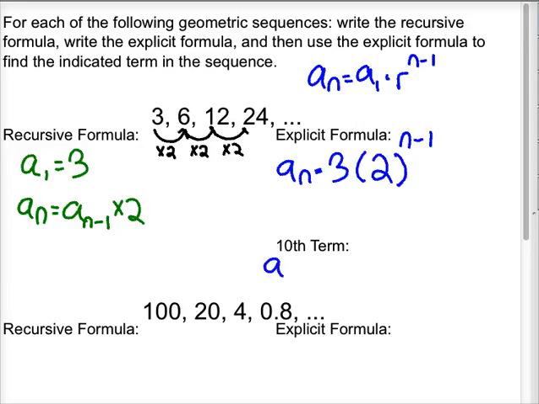To calculate my 10th term, I plug in 10. Well, here, 10 minus 1. Before we go to type that into the calculator, I'm just going to go back and call that 9. Okay? So, 3 times 2 to the 9th power.